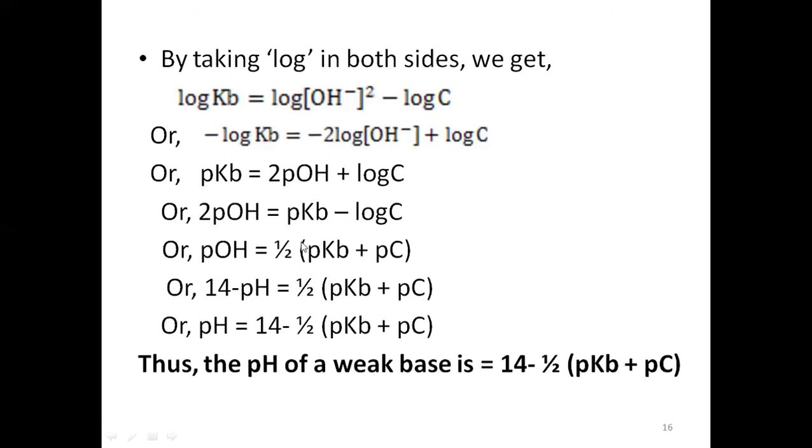So this 2 will be divided by the whole expression, and pOH equals, we know, 14 minus pH. We know that pH plus pOH equals 14. So pH equals this. Okay, you understand? Yes, sir. Okay, thank you.